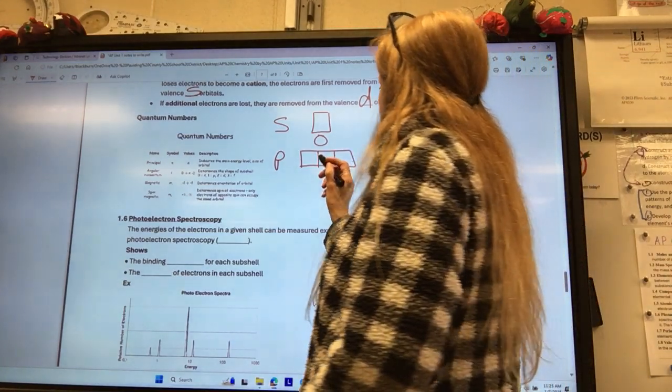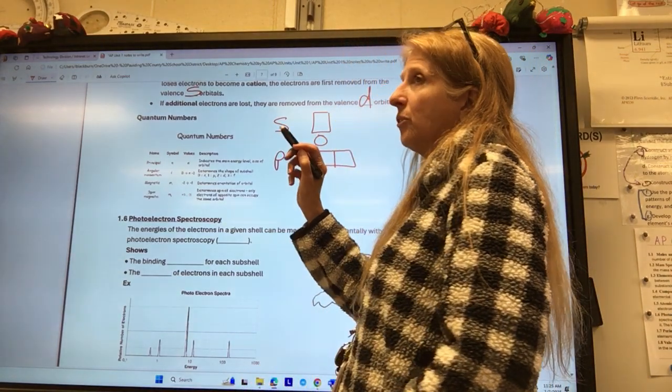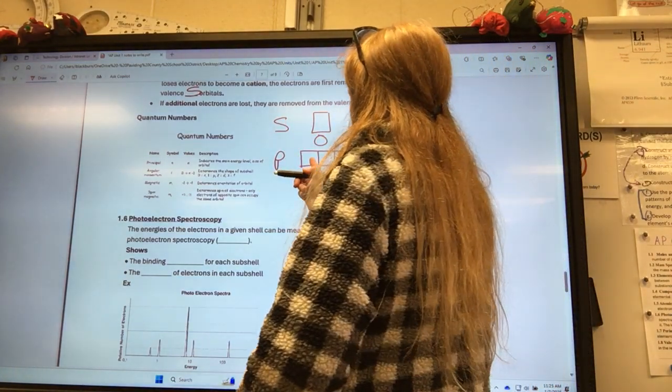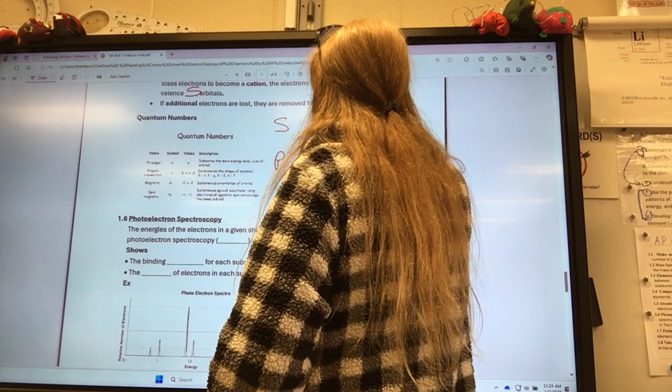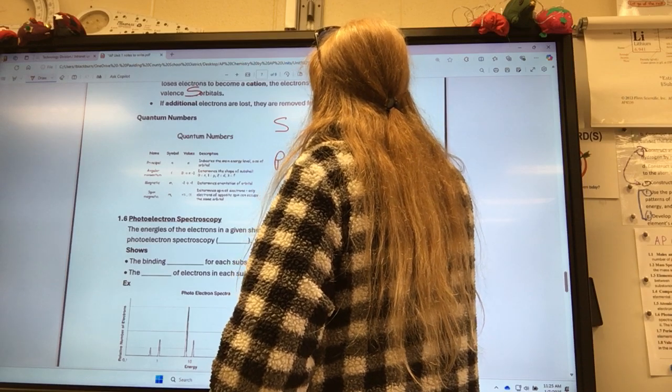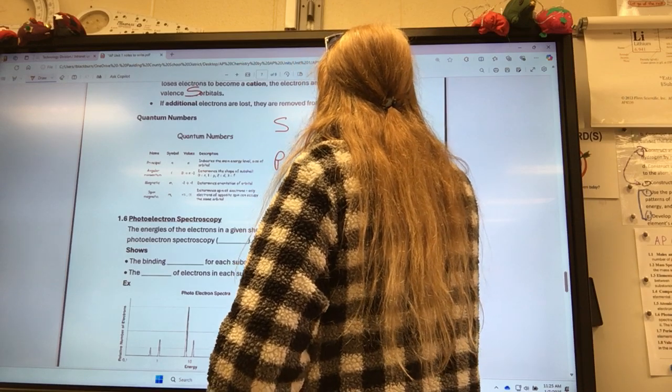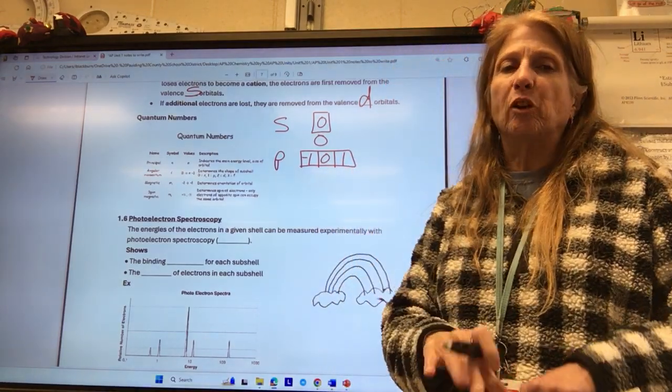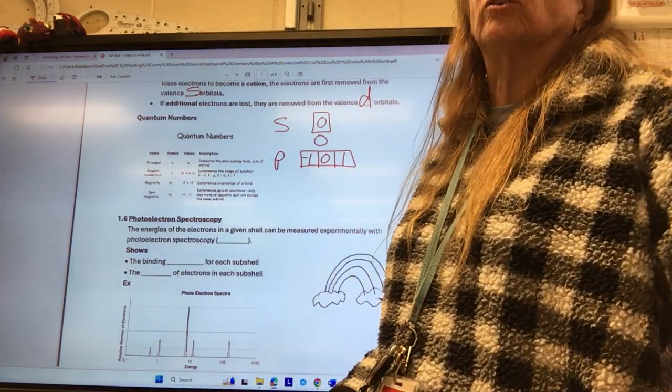So the first electron goes into the first square. It is -1, 0, 1 is how they differentiate between the 3 p orbitals.